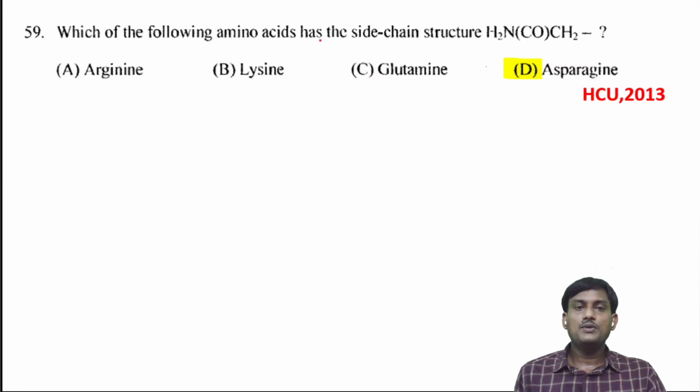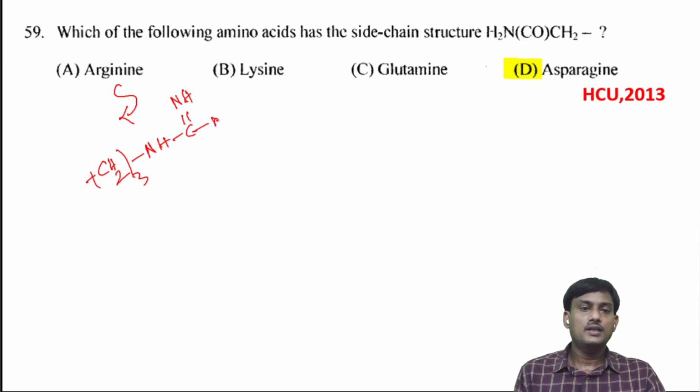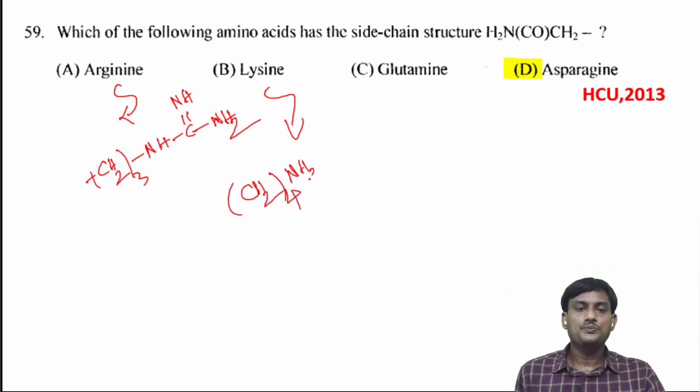Which of the following amino acids has the side chain structure NH2COCH2? Okay, arginine contains a guanidine group. The side chain is CH2 3 times, NH, C double bond NH and NH2. This is the side chain of arginine. Lysine consists of CH2 4 times and NH2.